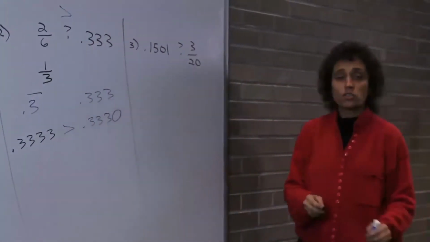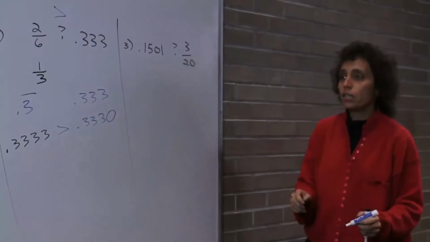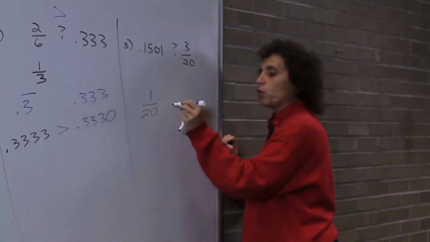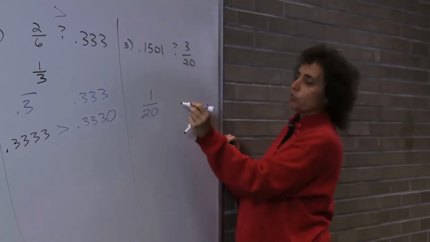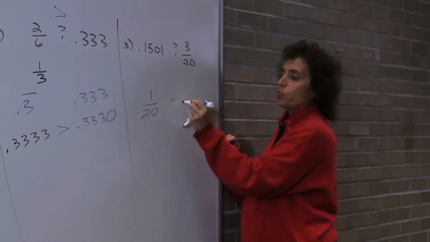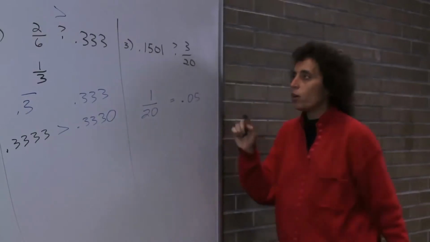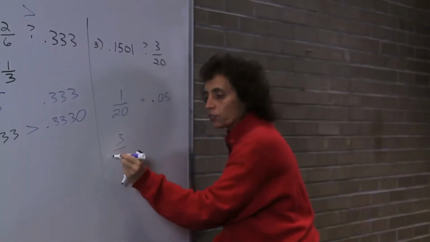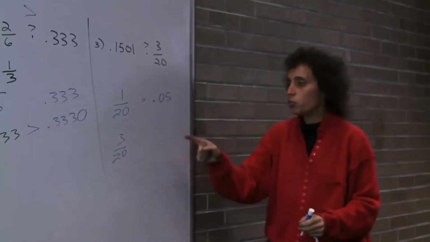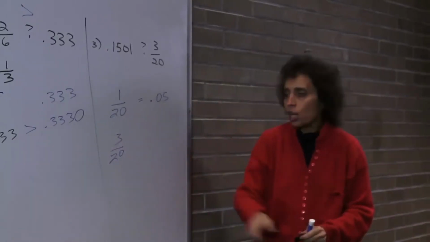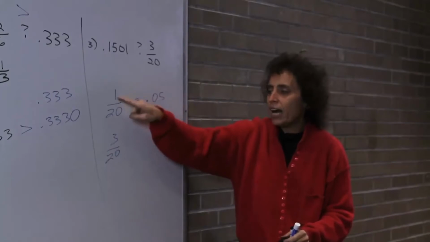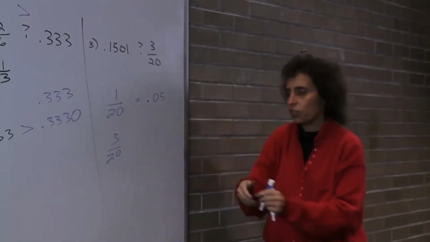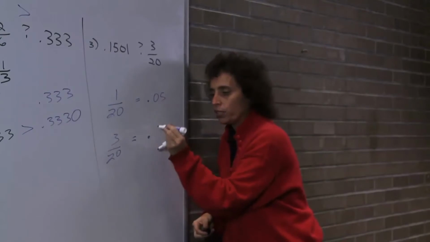Now, I'm going to show you something really cool. Before, in our last examples, we did 1/20th is 0.05. If 1/20th is 0.05, we want 3/20ths. Let's think about the connection between 1/20th and 3/20ths. Well, 3/20ths is 3 times 1/20th. So I can just do 3 times this. 3 times that is 0.15.